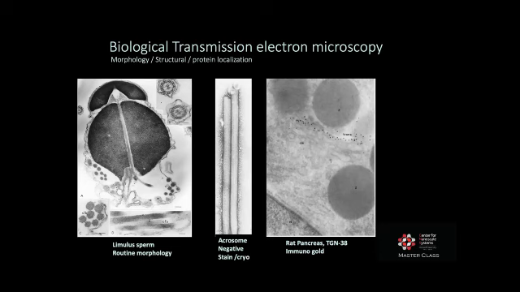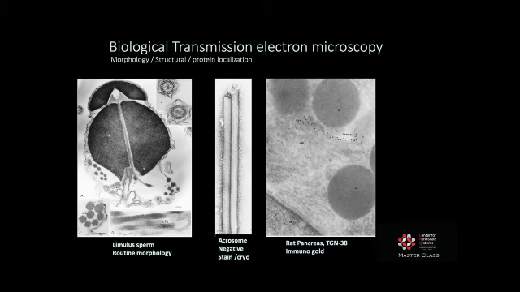There are three primary questions that you can be looking for answers to when you're doing cell biology or biological TEM. First, we would be interested in the morphology of our material, the ultrastructure, the membrane concentrations, the shape, size, and organization of organelles.